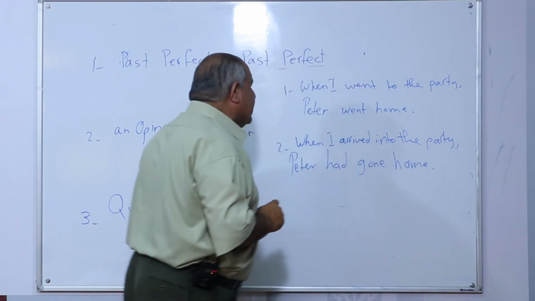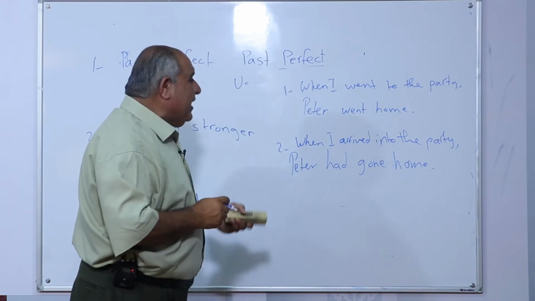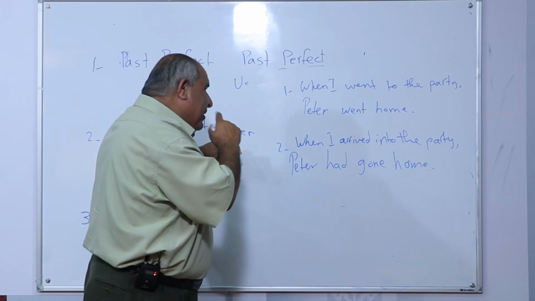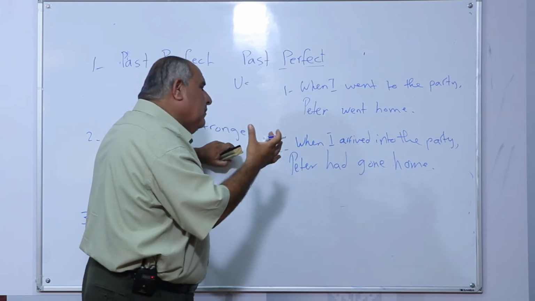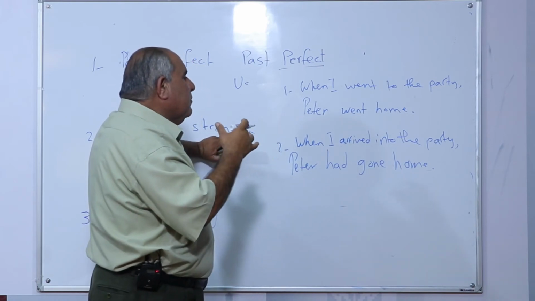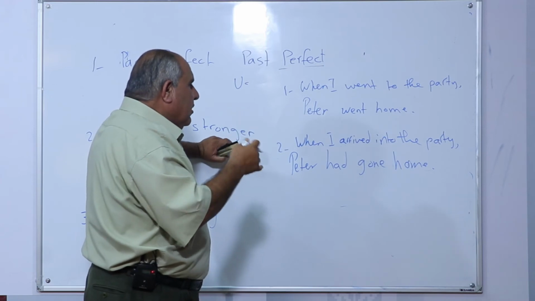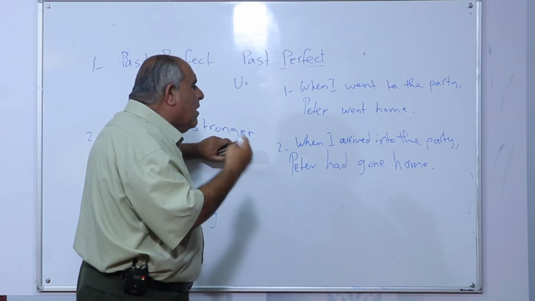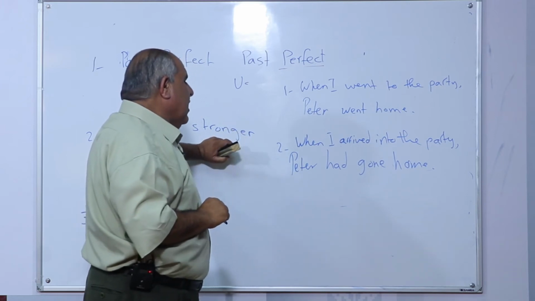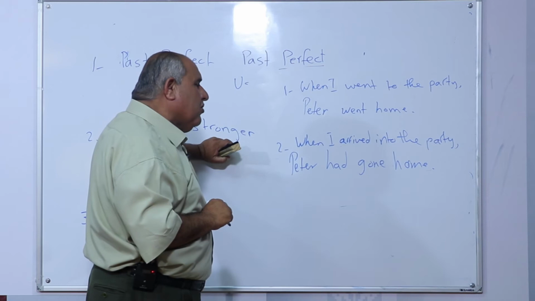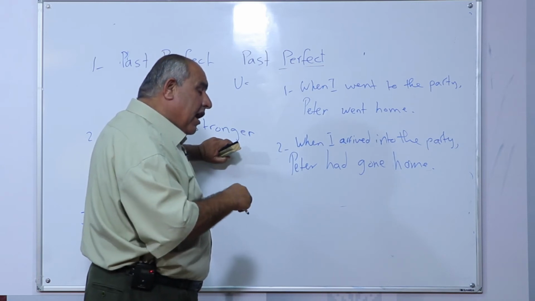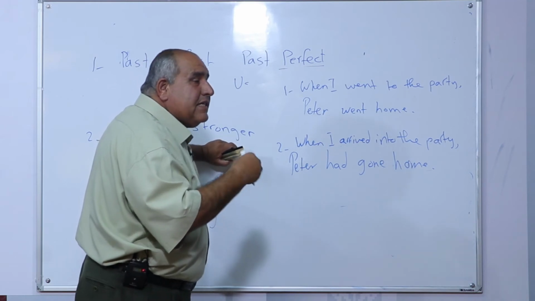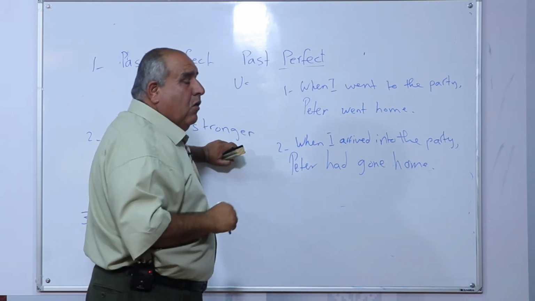Now, these two sentences are both in the past. They mean that I went to the party, Peter went home. Both actions, going to the party was in the past, Peter's going home was also in the past. In the second sentence, when I arrived into the party, which means when I reached the party, Peter had gone home. Going home for Peter was in the past.